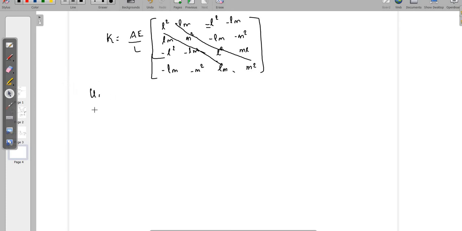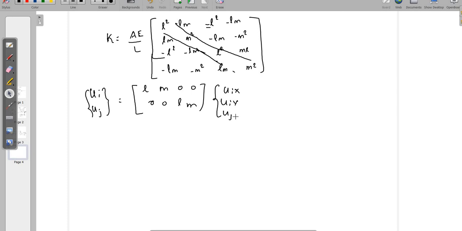Now the displacement at the i and jth node is equal to LM 0 0 0 0 LM, with UIX, UIY, UJX and UJY, which we have already seen. Next thing is stress. We are interested to find out the stresses. So sigma, we know the basic equation: Young's modulus into strain.